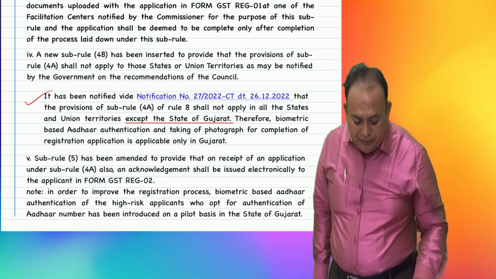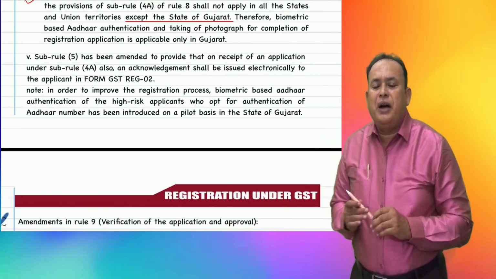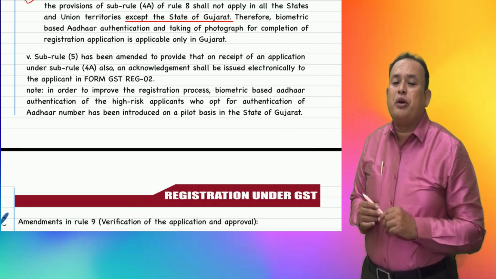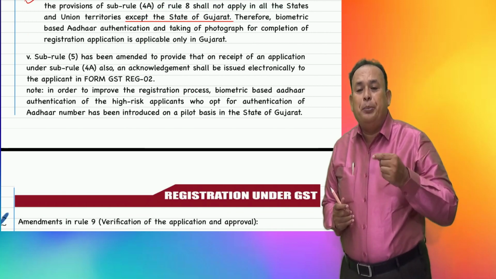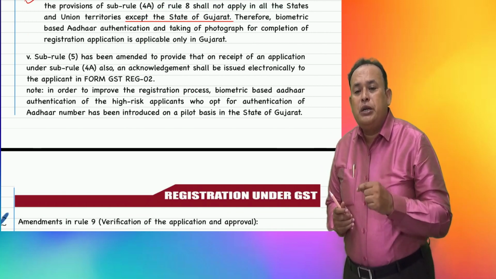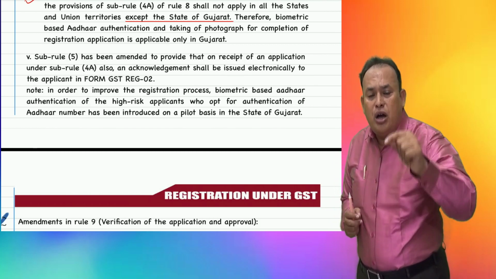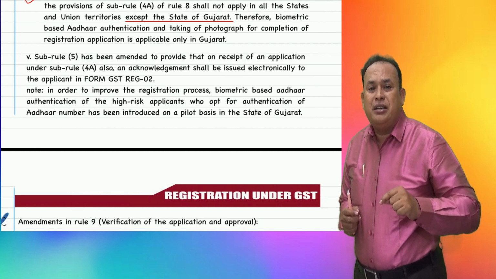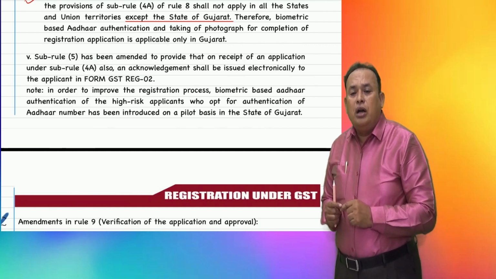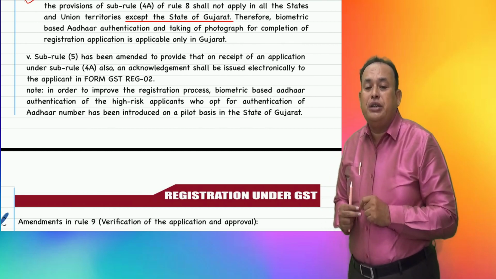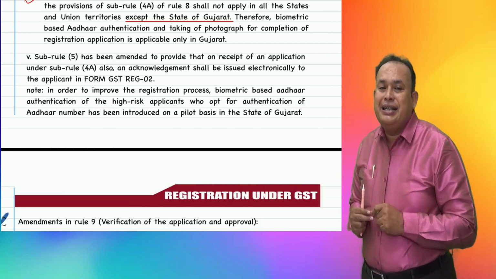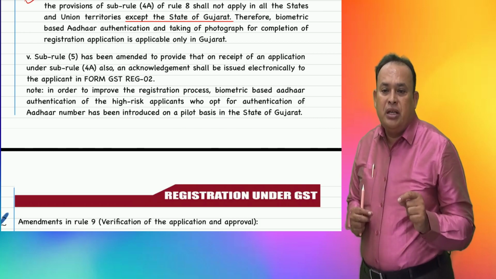Further, my dear friends, sub-rule 5 has been amended to provide that on receipt of an application under sub-rule 4A of rule 8 of the CGST Rules, an acknowledgement shall be issued electronically to the applicant in Form GST REG-02.